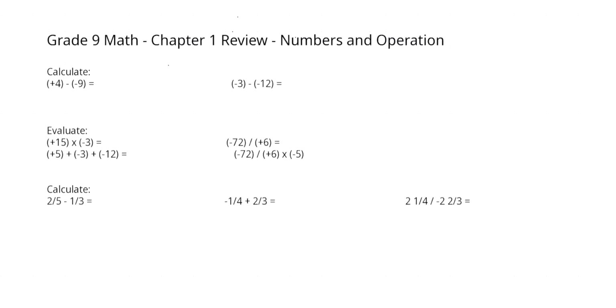As you can see on the screen, we have the different problems that we're going to be solving. We're just highlighting a few, as reminders of what we need to look for when we're doing these questions. The first one says +4 minus -9. Remember what happens when you have two negatives, it becomes a positive.